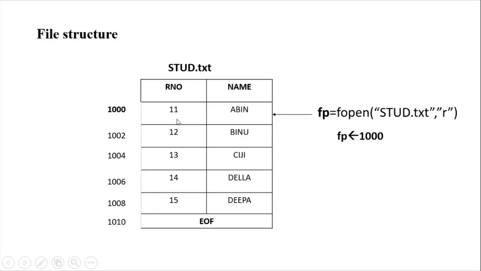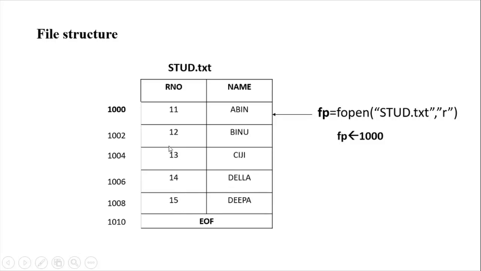A record is a collection of related attributes, a collection of related columns. In the case of a student record, it consists of the roll number and name of a particular student, and the next record consists of the roll number and name of another student. So a file is a collection of related records.